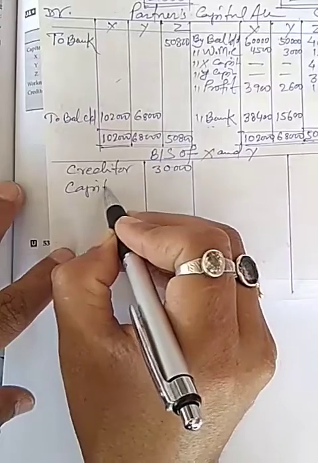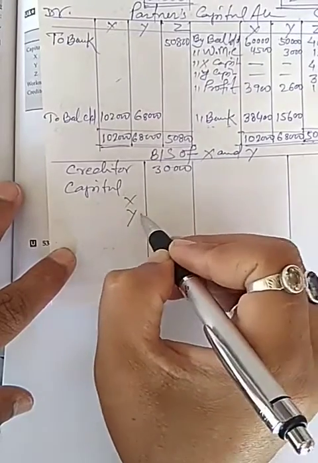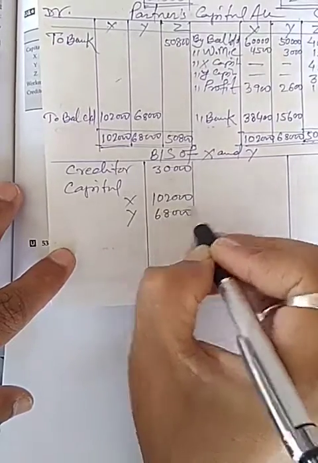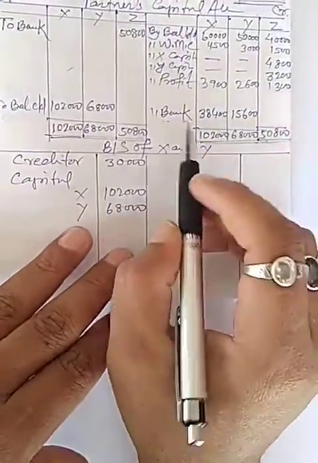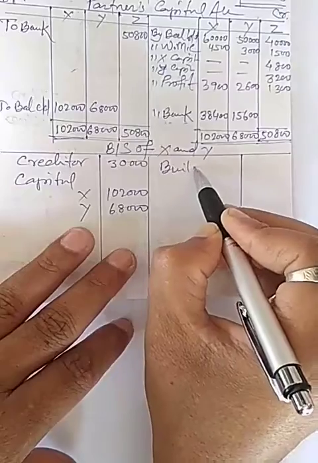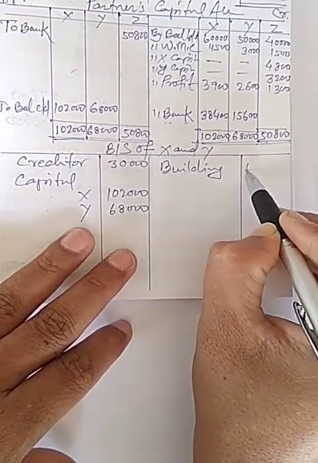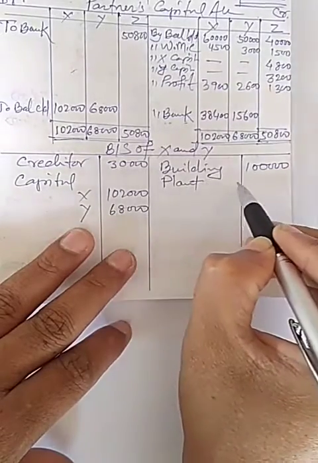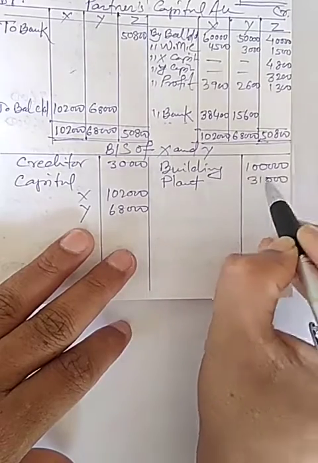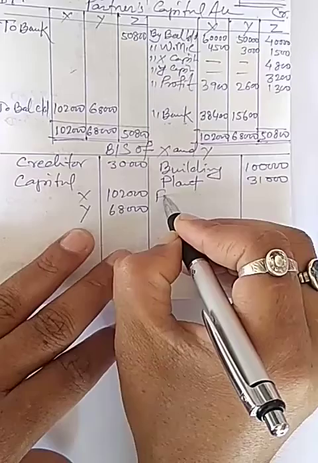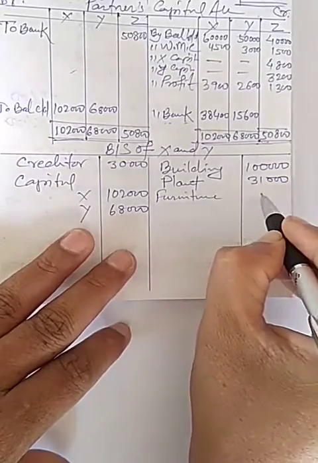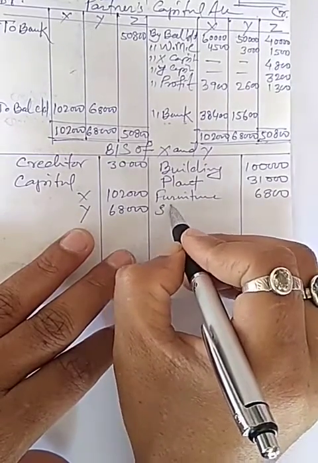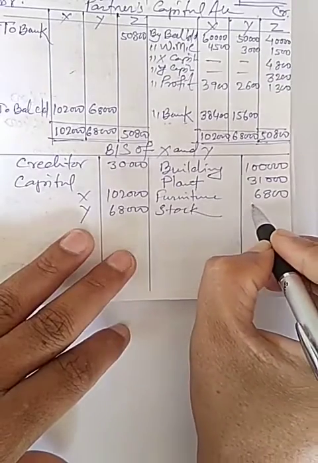Capital of X and Y will be 1,02,000 and 68,000, and on the asset side building will be 1 lakh, plant will be 31,000 and furniture will be 6,800 and stock will be 40,000.